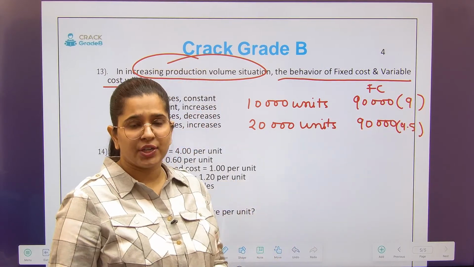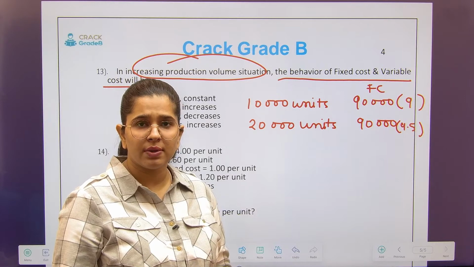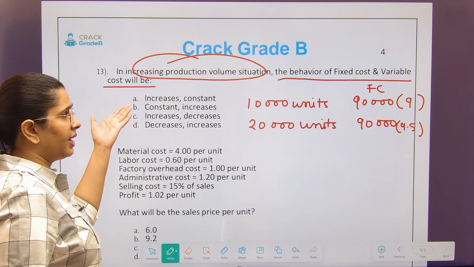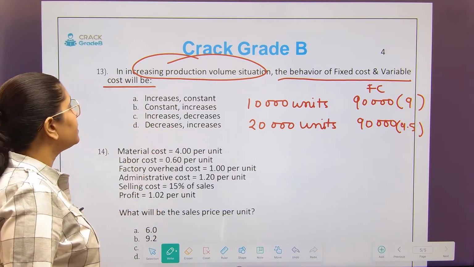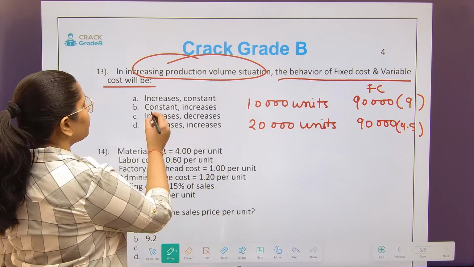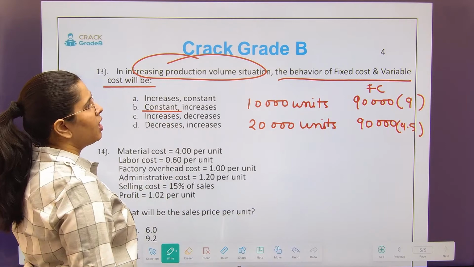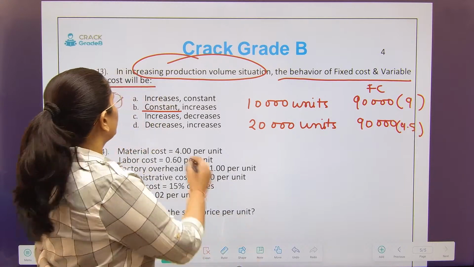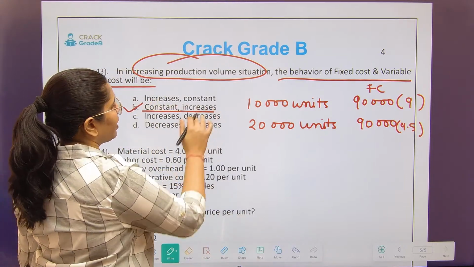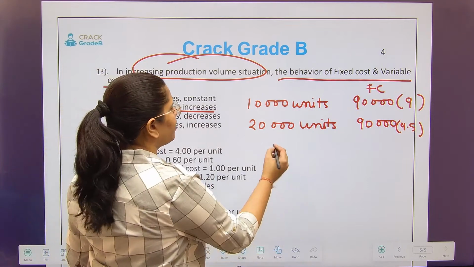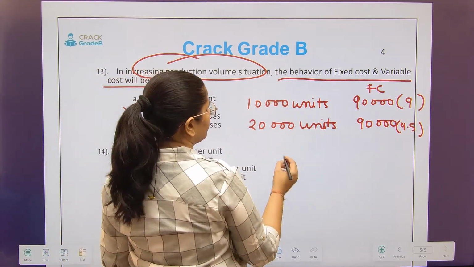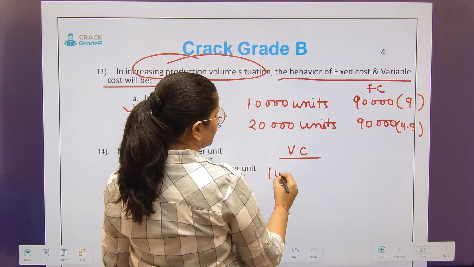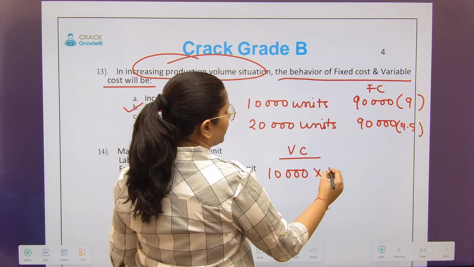So always see whether the question is asking in absolute terms or per unit terms. Here I am guessing that they are asking in absolute terms, right? So the option for me over here is constant. Okay, and my variable cost will be, now there is just one option over here, and they are saying increasing. Why will variable cost increase? Suppose your variable cost was 7 rupees per unit.